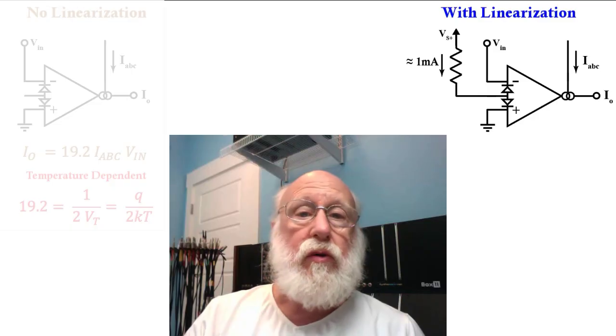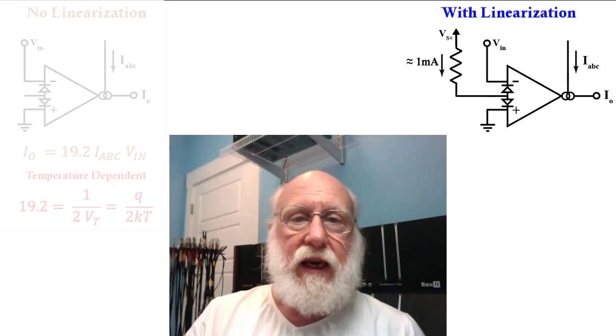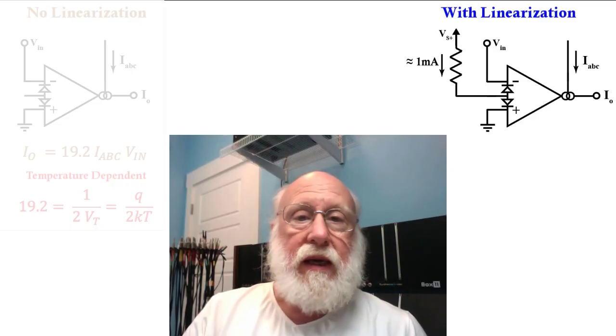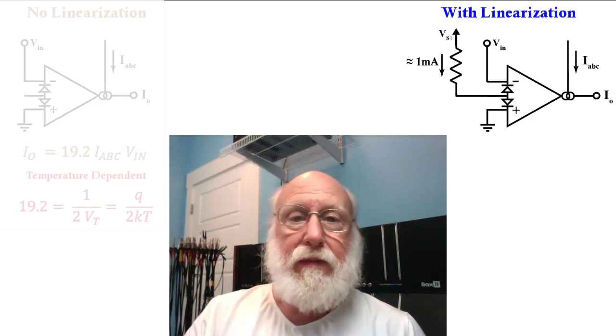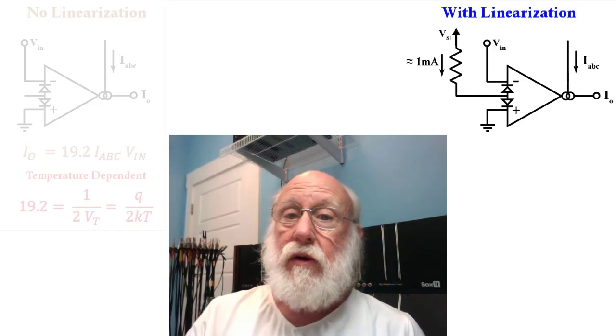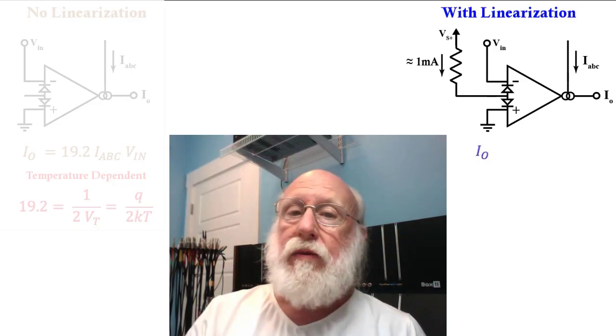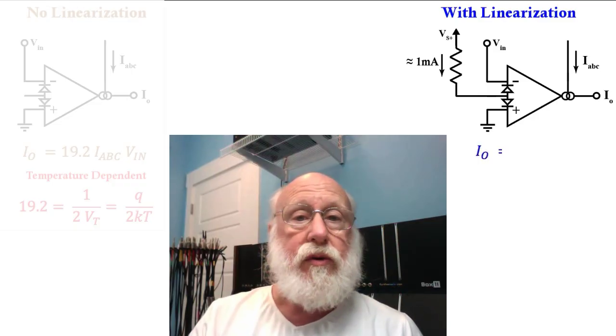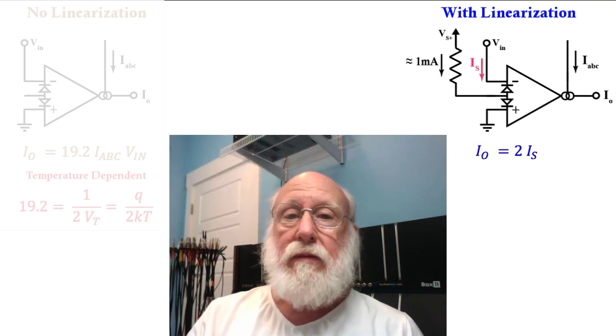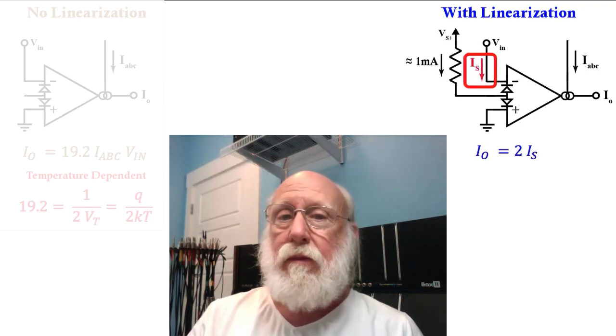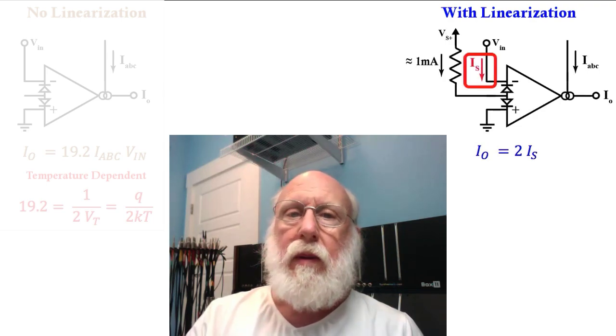In the case where you are using the linearizing diodes, the 19.2 I sub ABC Vn is no longer valid, and the formula that is used is the output current is equal to 2 times I sub S, which is the input current, times I sub ABC divided by I sub D, the diode bias current. That's a little bit problematic; we'll talk about that in a moment.